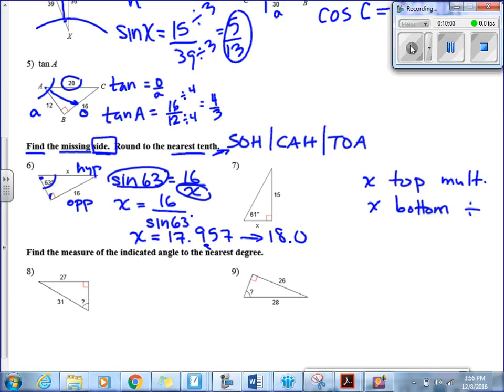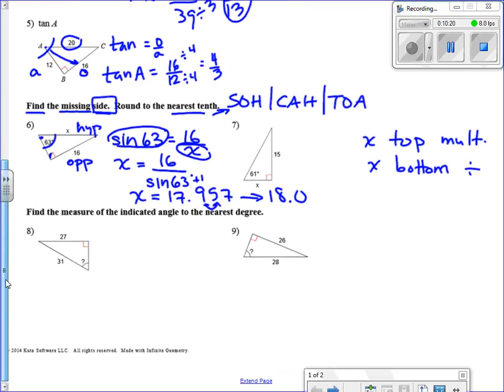I look to the right of 9, I have a 5, which is 5 or higher, tells me I'm going to add 1 to 9. When I add 1 to 9, it kicks it up to 10. I have to carry, I end up with 18, okay? So that's the nearest tenth, 18.0.